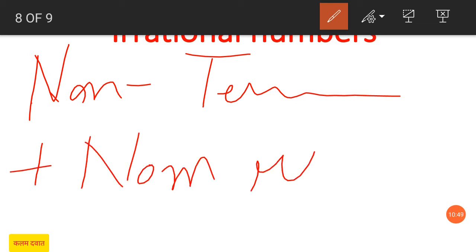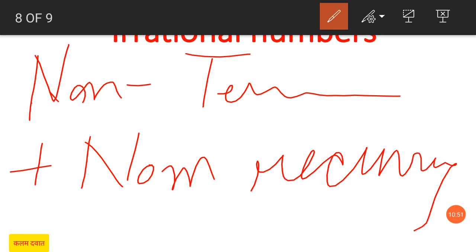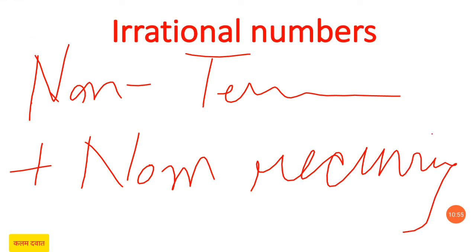They are non-recurring. So they will be called irrational numbers. It means after division their term is not repeating in the decimal expansion. Those numbers cannot be written in the form of ratios. So they are called irrational numbers.